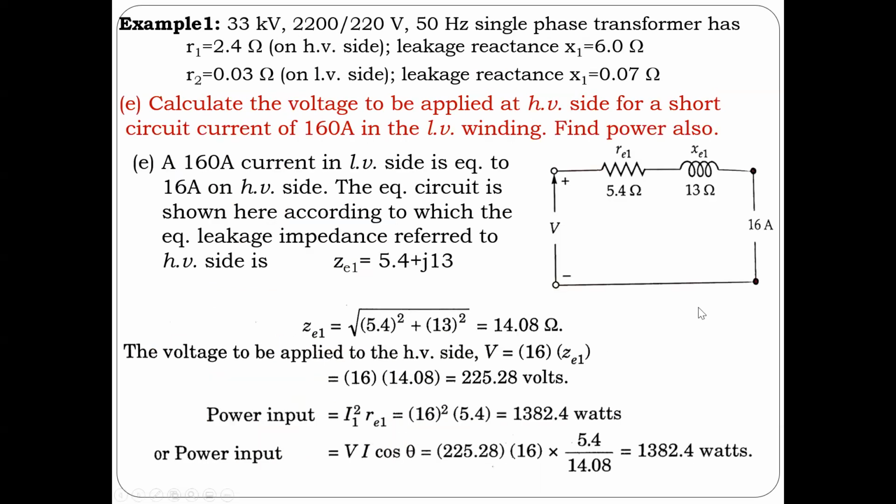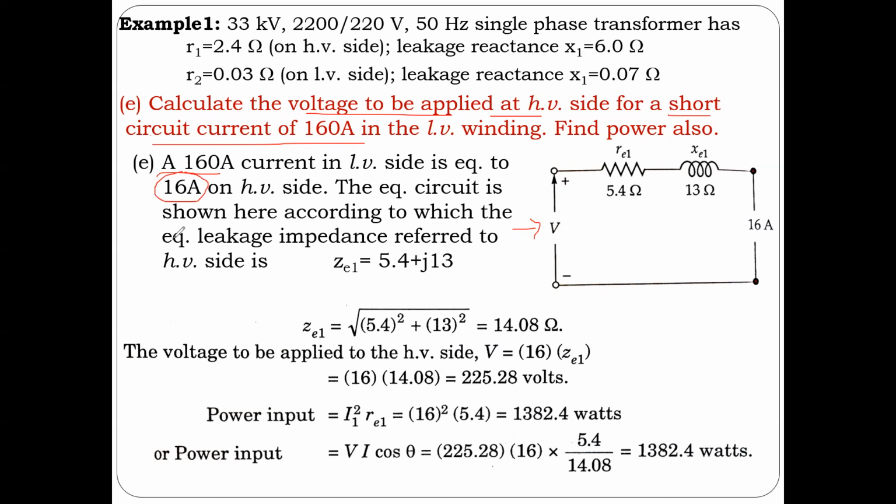Now in the same question, if I ask you to find what is the voltage to be applied on the high voltage side for a short circuit current of 160 amps in the low voltage side. So here you want 160 amps on the low voltage side. If I bring that 160 amps to the primary circuit, 160 would become 16 amps.